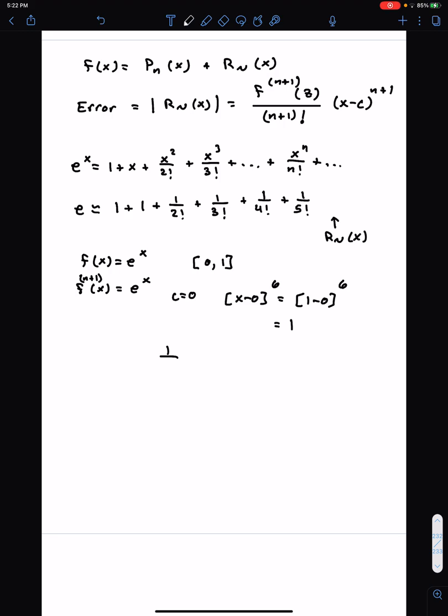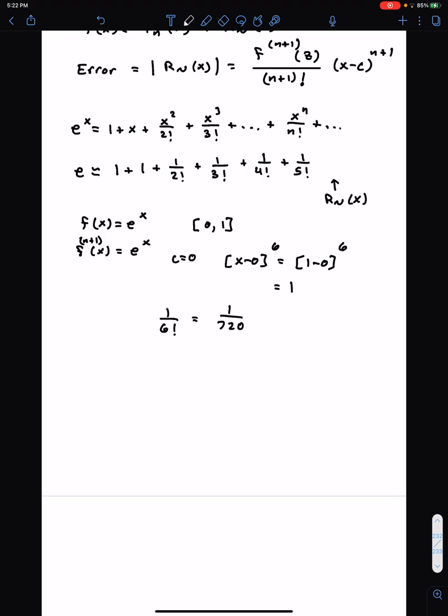So the next term is 1 over 6 factorial, which is 1 over 720. So R6 of x is less than or equal to e to the first divided by 6 factorial times 1 minus 0 to the 6th.